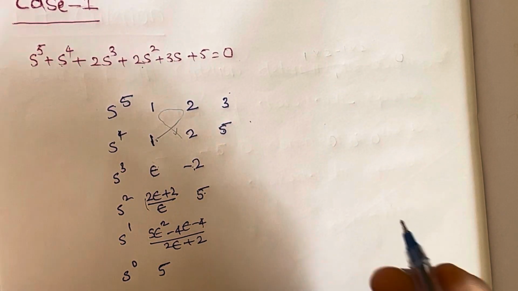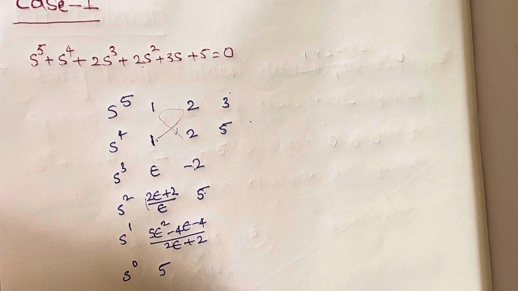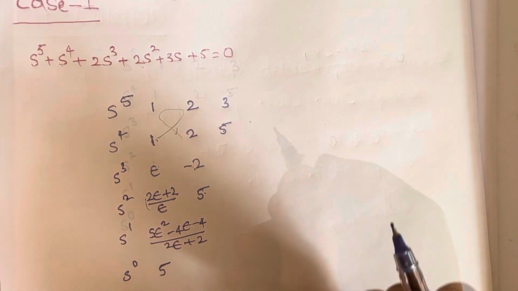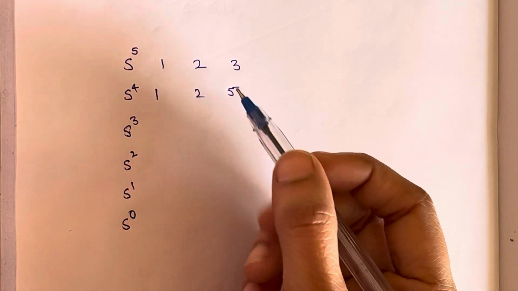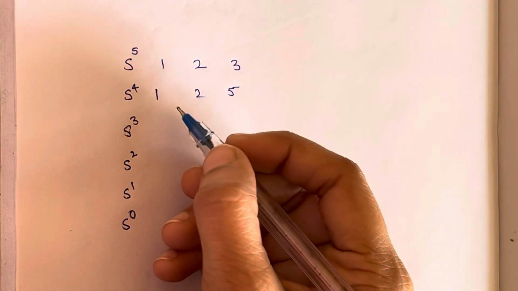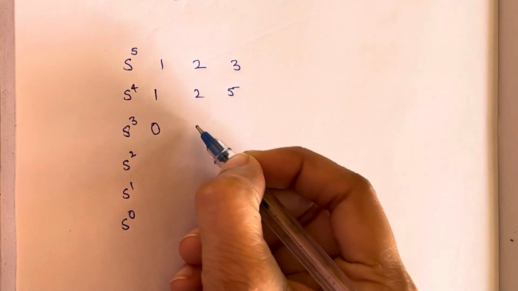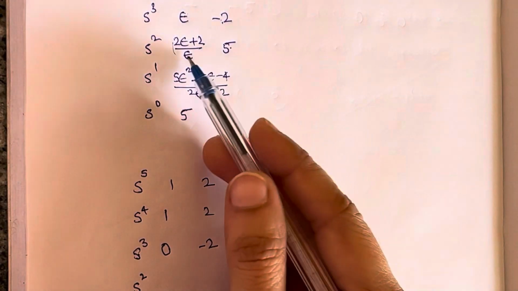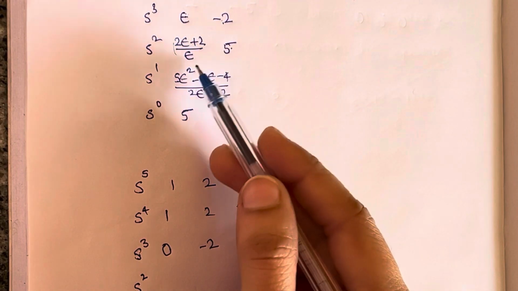Now the second step is that we have to substitute 0 in the place of epsilon. Now I am substituting 0 in the place of epsilon. Then I'll get 0 minus 2, 2 into 0 plus 2 by 0.